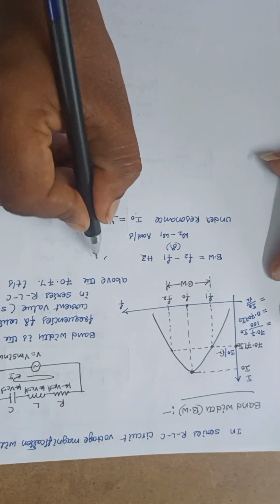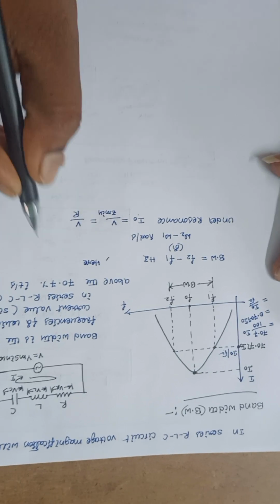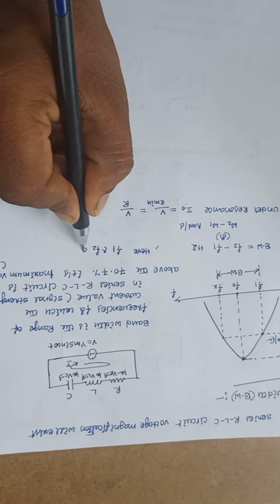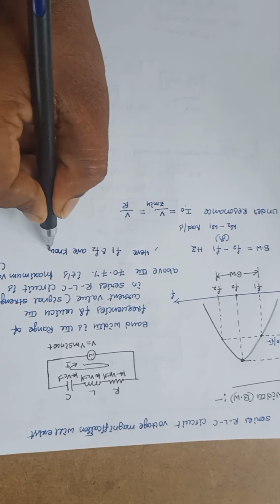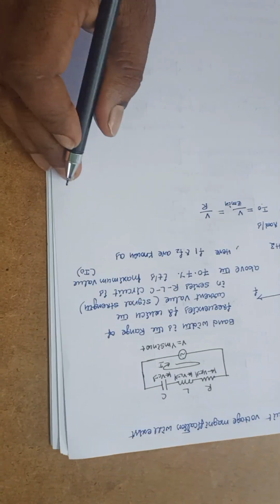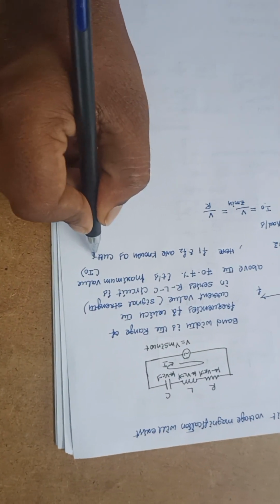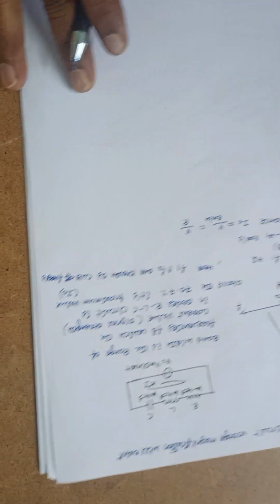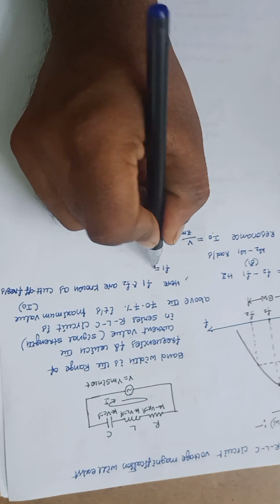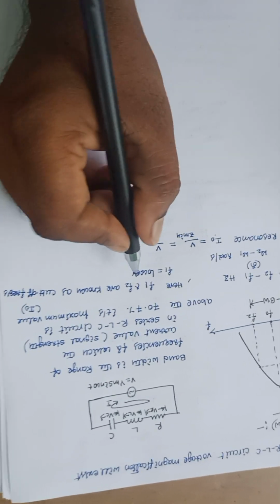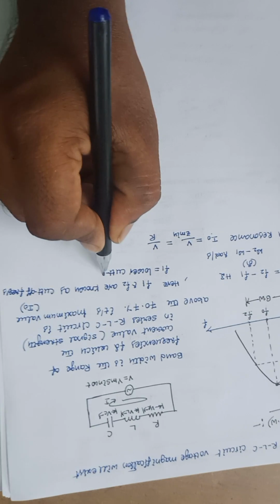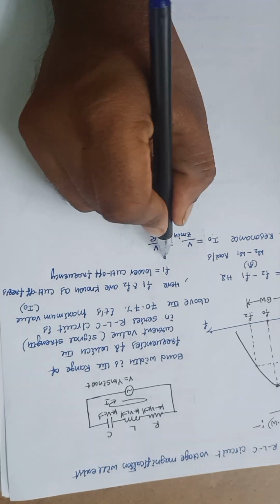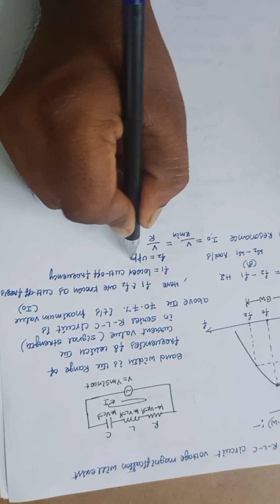I forgot to say that. f1 is known as the lower cutoff frequency, and f2 is known as the upper cutoff frequency.